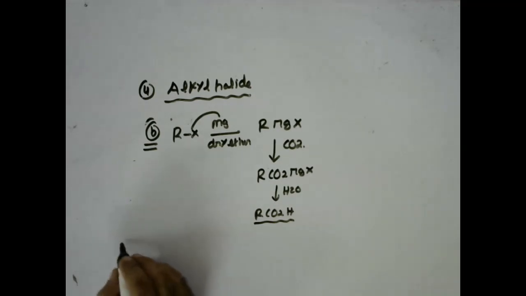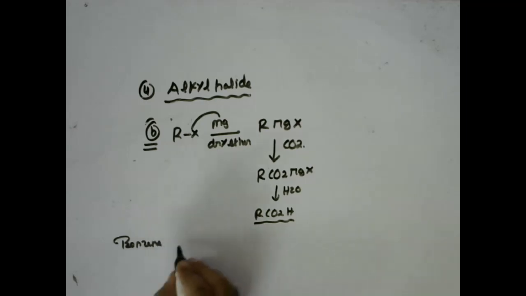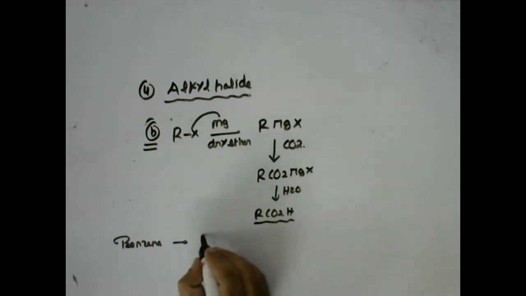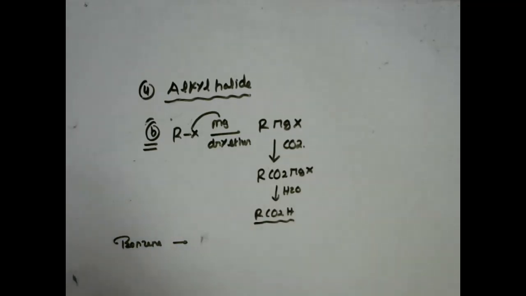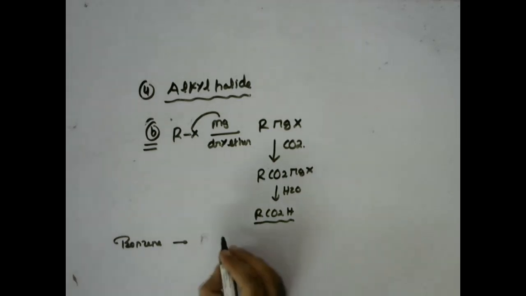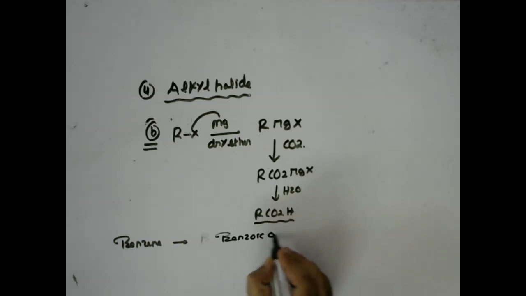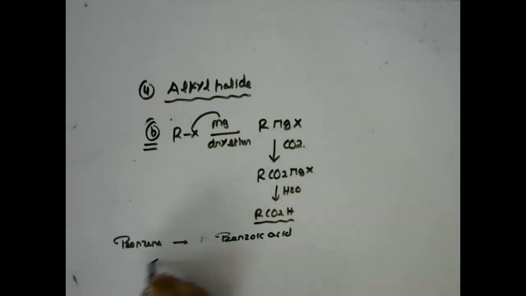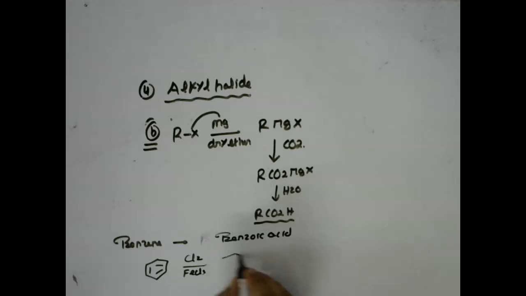Let us see the preparation of benzoic acid from benzene by this method. So what we can do? We can take benzene and do its chlorination with Cl2, FeCl3, and we get chlorobenzene.